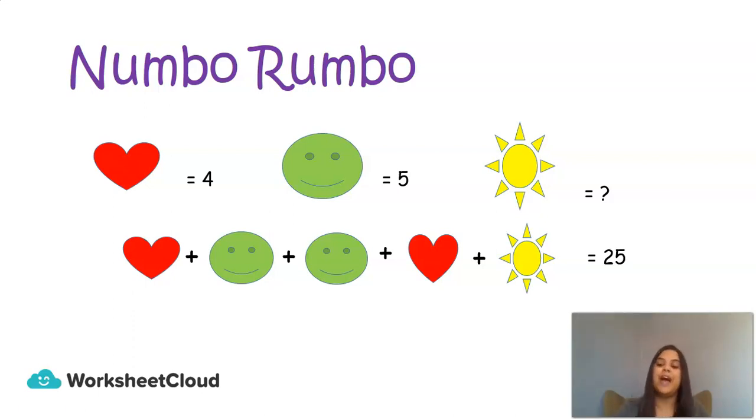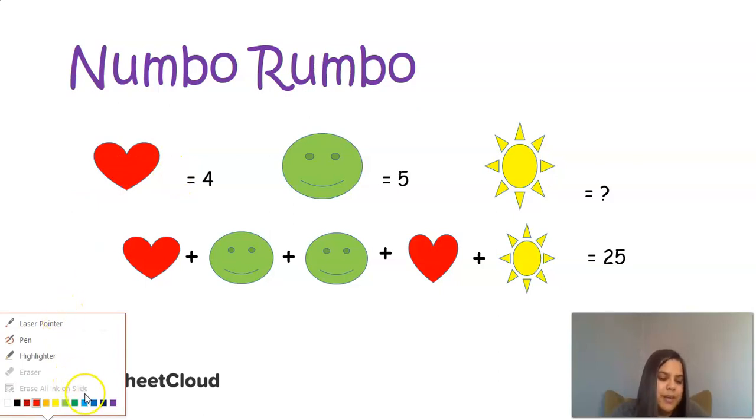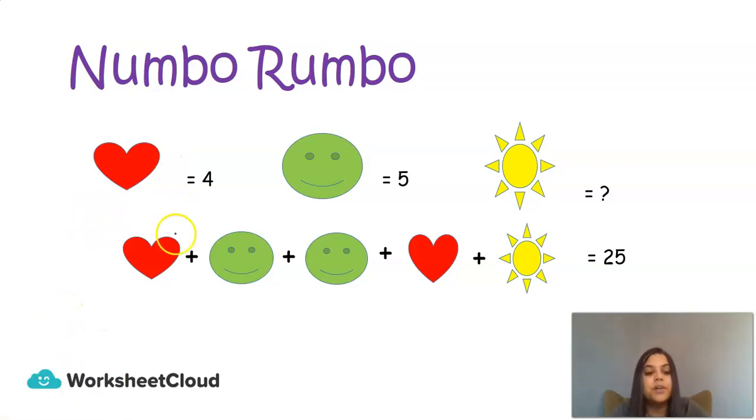So I'm going to try and help you here. I'm going to take out my pen and we're going to write down the values of the ones you already know. So we know that the heart is equal to 4. So I'm going to put my 4 on the top of my heart over there. And we know that the smiley face is equal to 5.